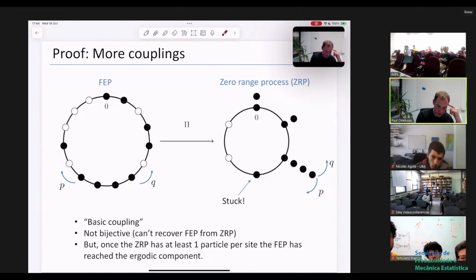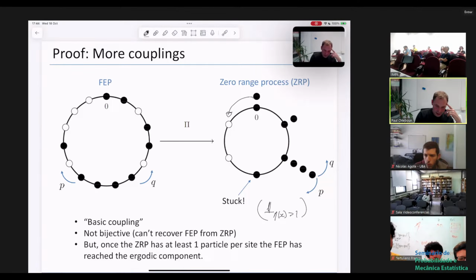So the jump rate out of a site is given by the indicator function that the number of particles, beta at x, is strictly bigger than 1, times 1. So in particular, you can't jump out, right? So you start from something that's not ergodic, particles can fill up these empty sites and then get stuck there.